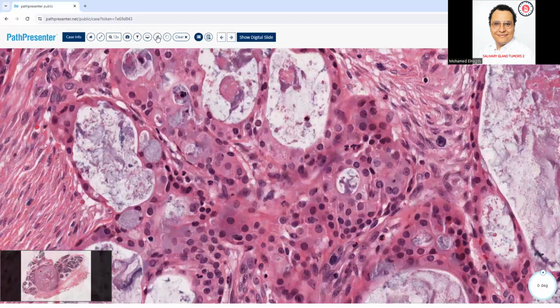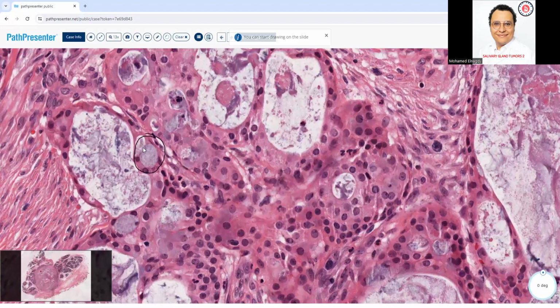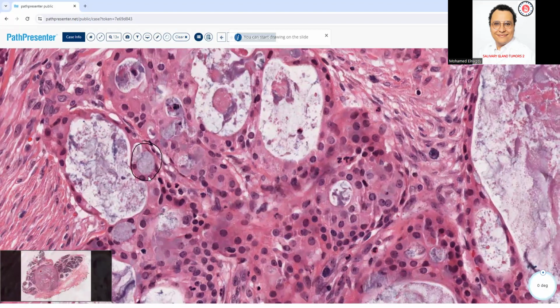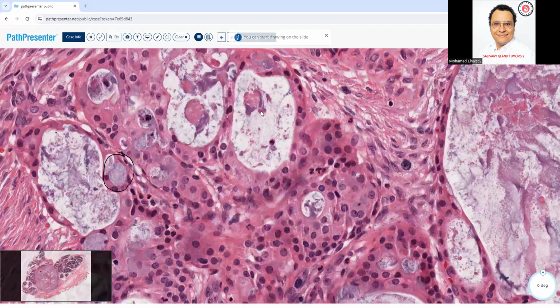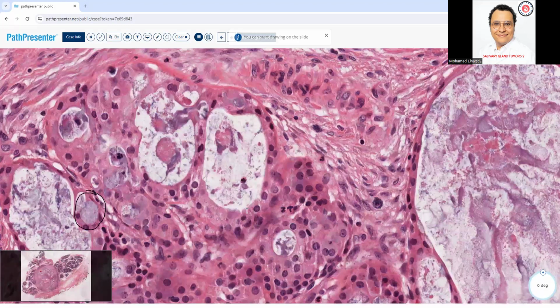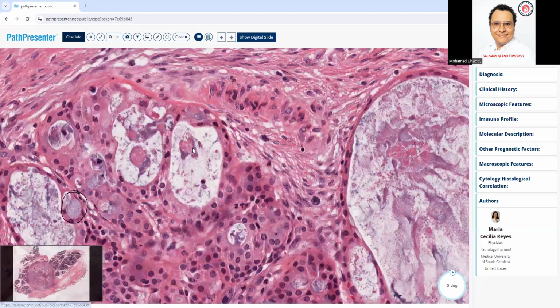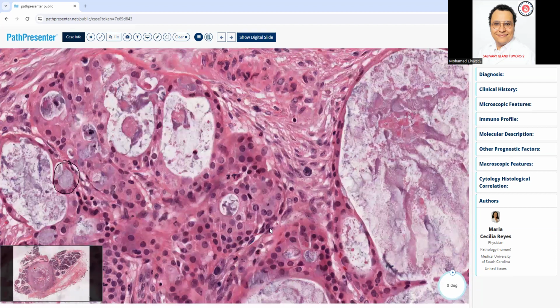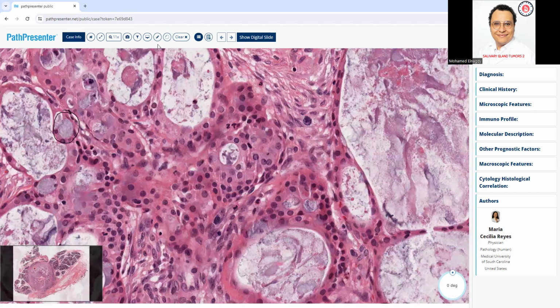Here's another one, very classic. See this cell with the nucleus pushed to the periphery? So that's mucoepidermoid. But I have a question. If it's mucoepidermoid, shouldn't we see a part that looks squamous? There is a part that looks squamous. The epithelial cells, these red cells, in between the mucinous cells.